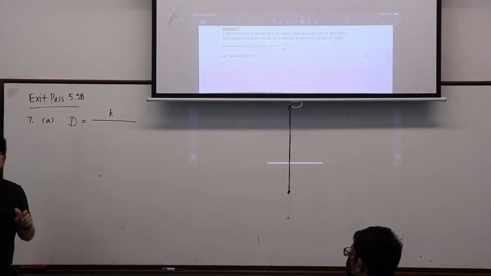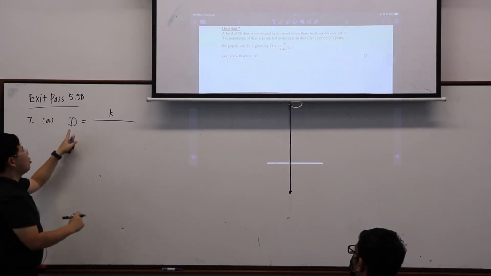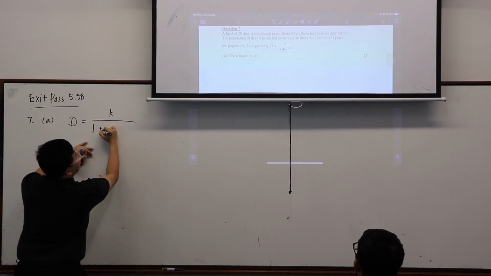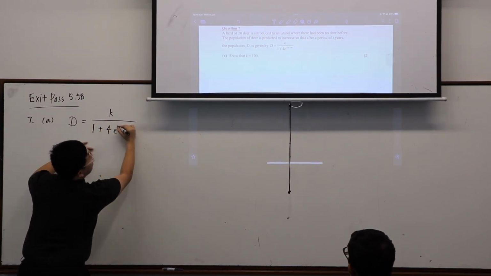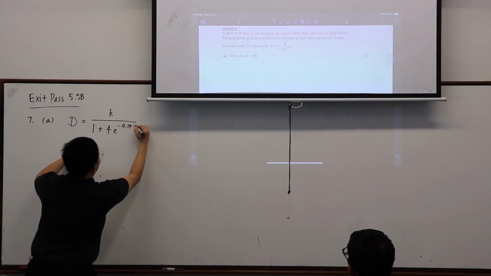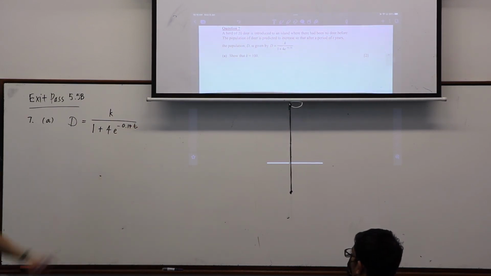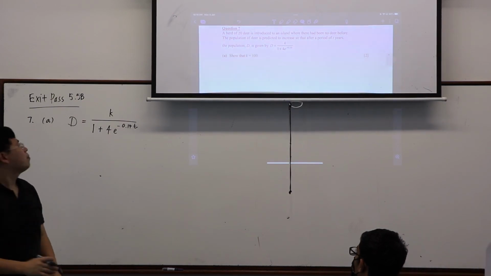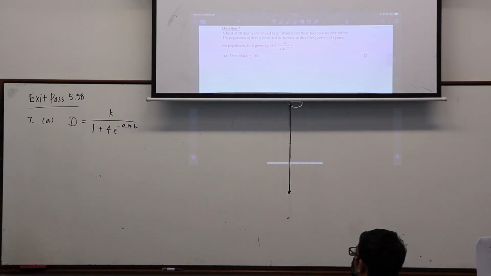Remember that we have a differentiation between the variable and constant. D is a variable, K is a constant: D equals K over 1 plus 4e to the power of negative 0.14t. So this is the equation for the population of deer D. Show that K equals 100.